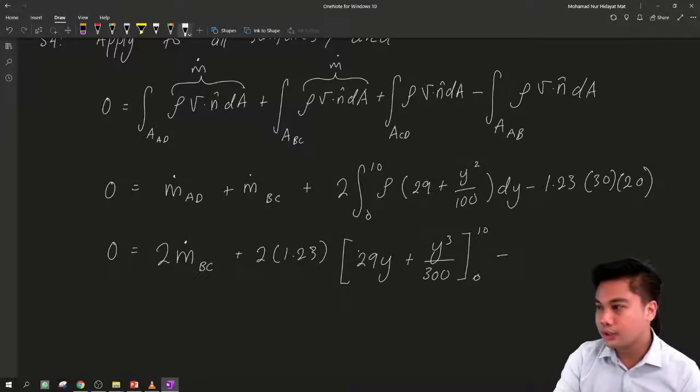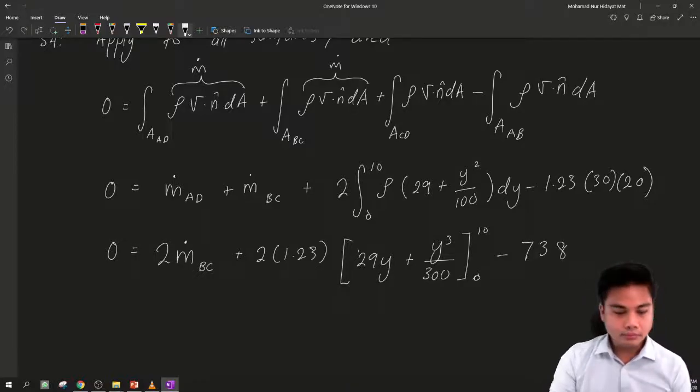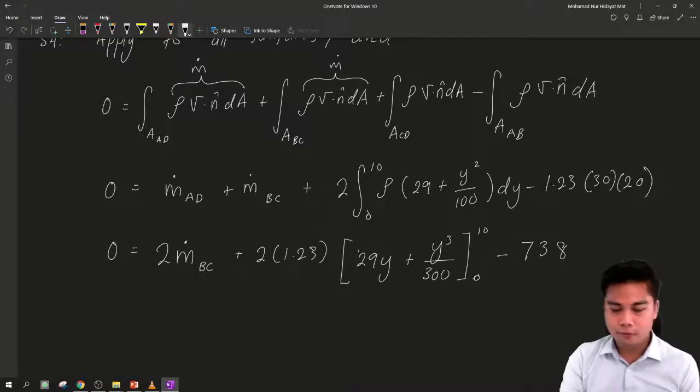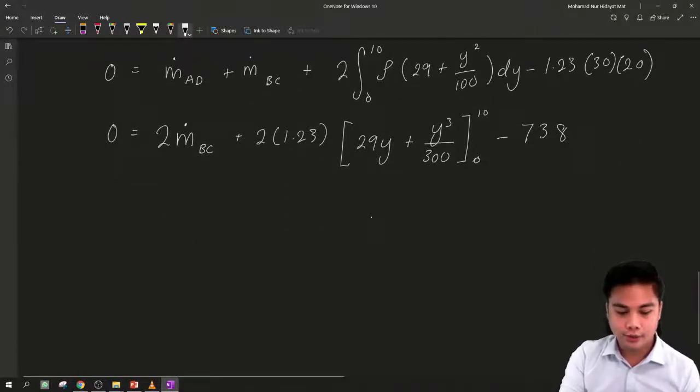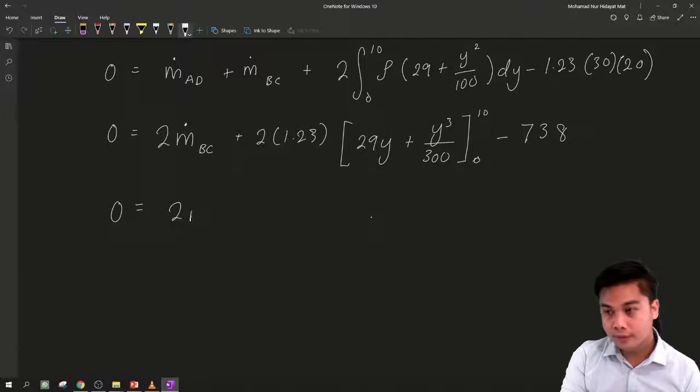Minus 738, which we solve using a calculator. So for this case, try to solve using your calculator, and you will get 0 equals 2 times the mass flow rate of BC.